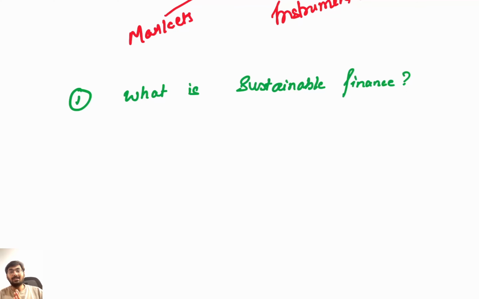So when I use the word only finance, it's about making the money. I'm investing in your business, products and services because I want a huge return. But when I say sustainable, it's not only about making money, it's about making money responsibly. Are you clear? So we call this sustainable finance.